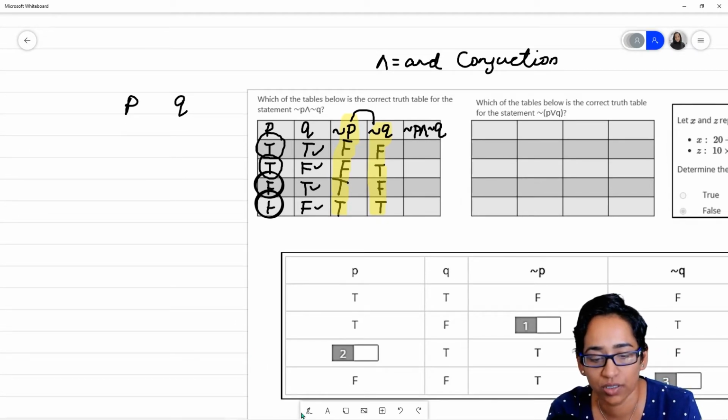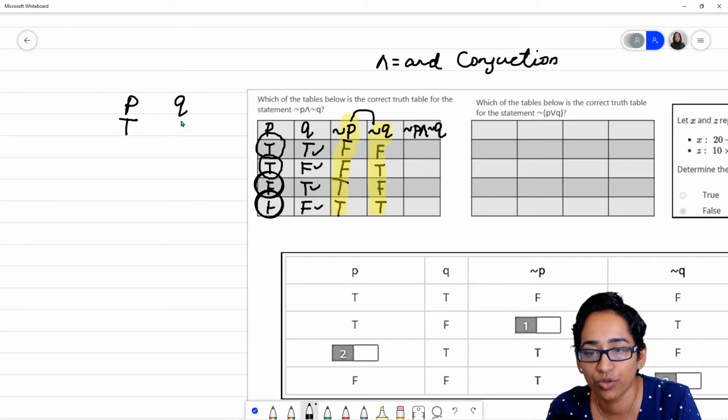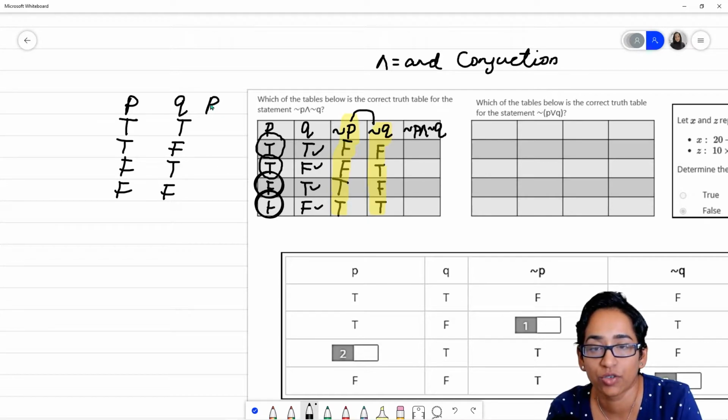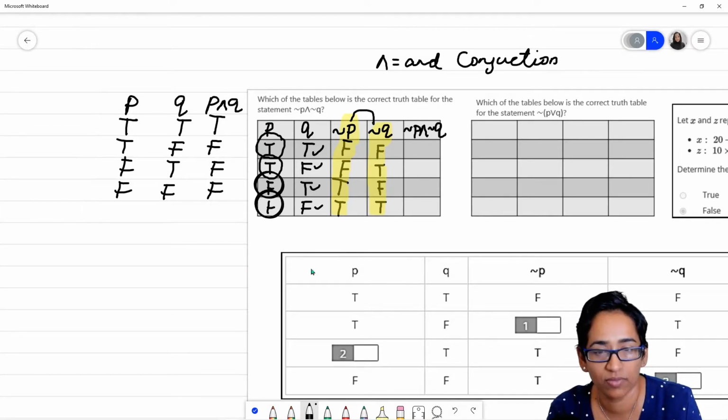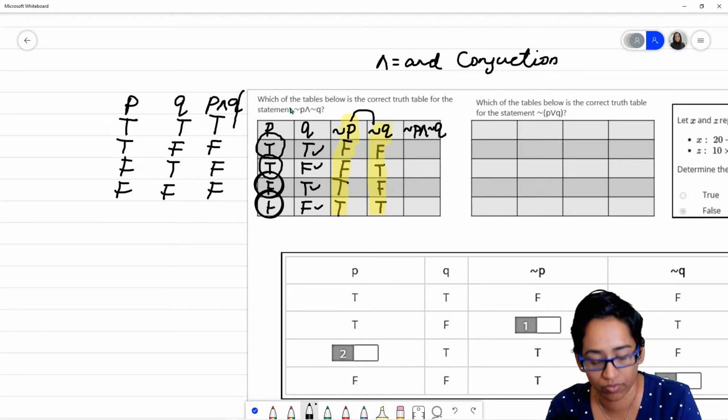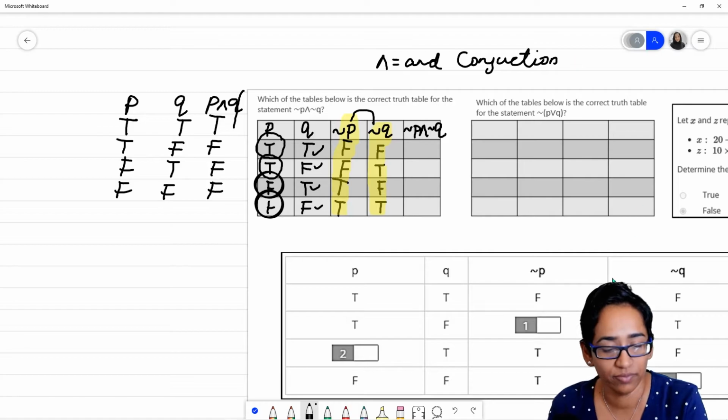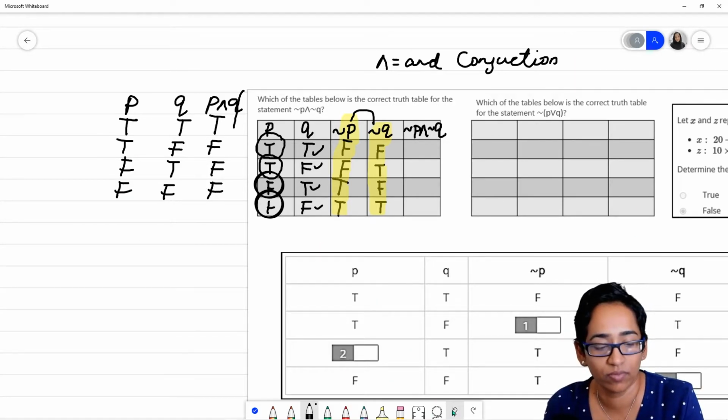So the conjunction is true, true, true, false, false, true, false, false. So conjunction P and Q is true, false, false, false. So this is the table, right? This is a quick table for the conjunction.